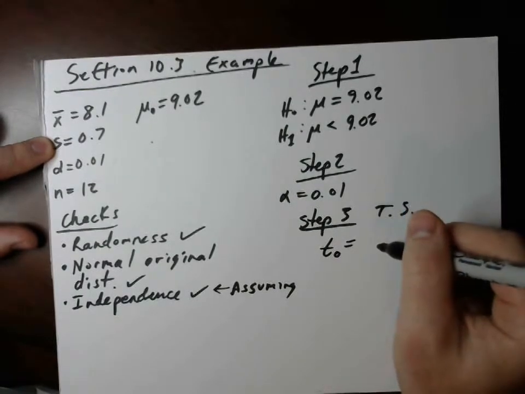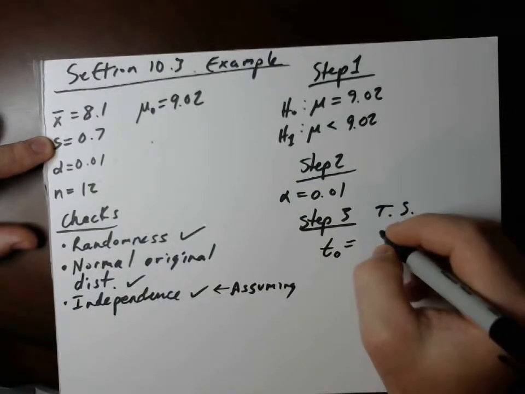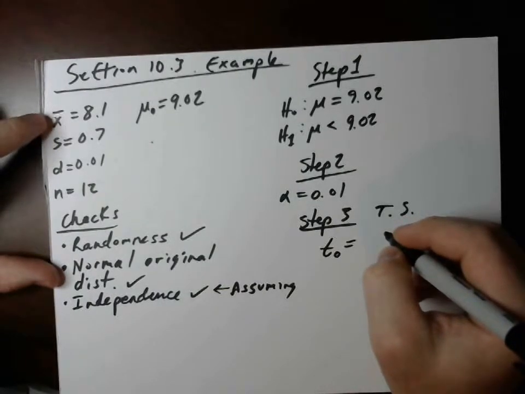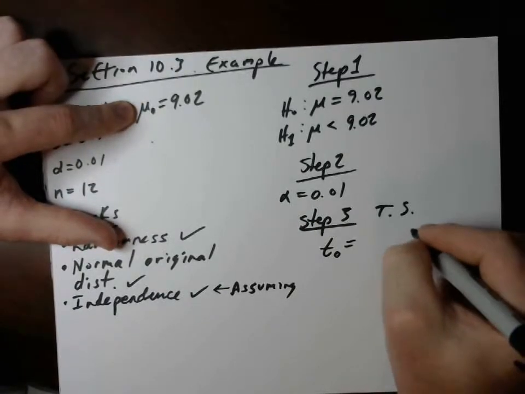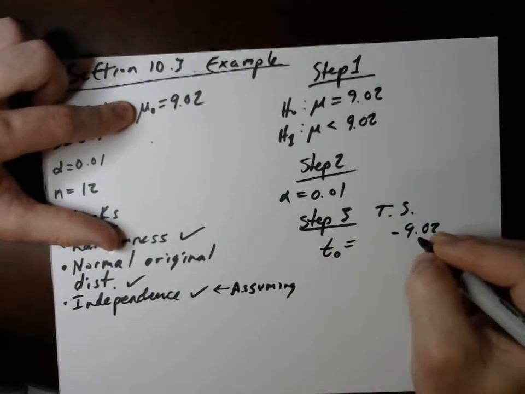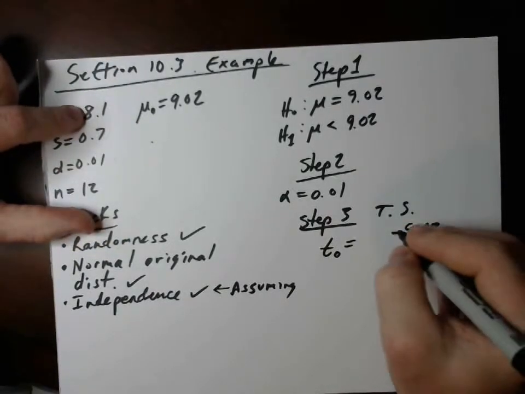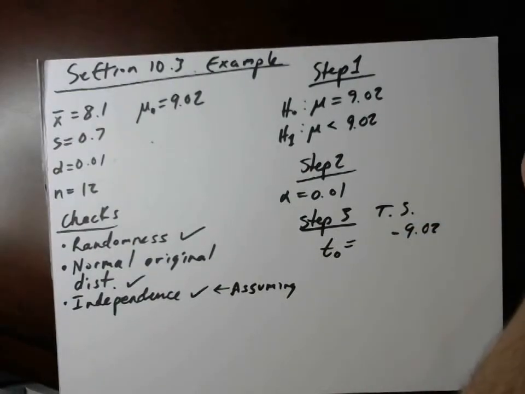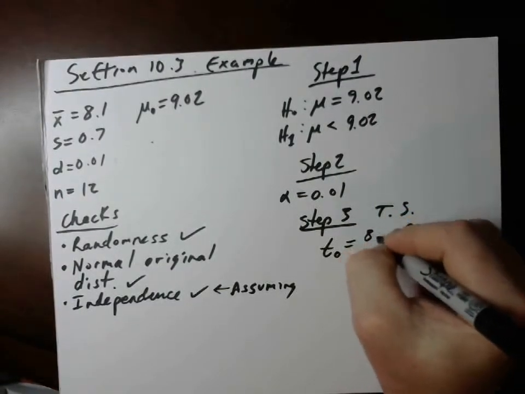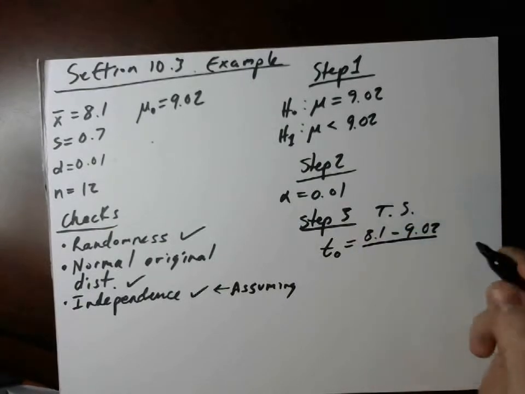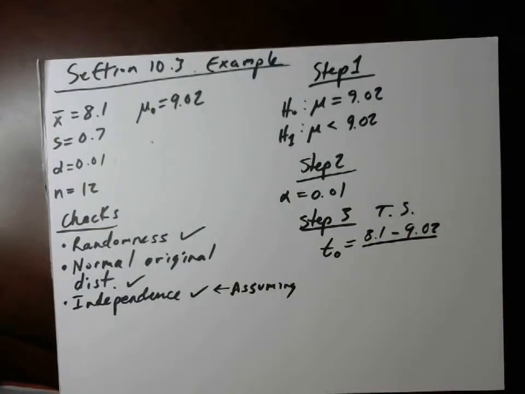And as you may remember, T naught is equivalent to the comparison, and now we're assuming that our claimed value is correct. So we're centered at 9.02. So we're comparing it to 9.02, our claimed value. How well does the sample match up to our claimed value? So in this regard, we would want to compare 9.02 to 8.1. And we will get back to that.